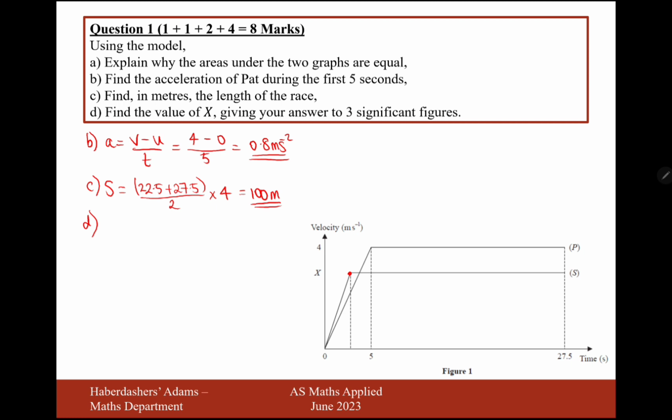So we'll call this value t for time, and we're going to use the fact that the area under this graph should also equal 100, but we're also going to use the fact that this line here should have a gradient of 1.